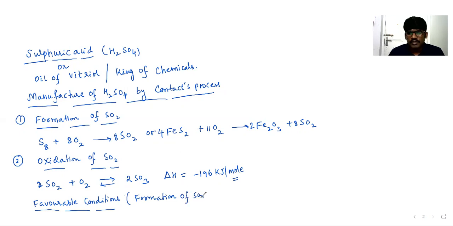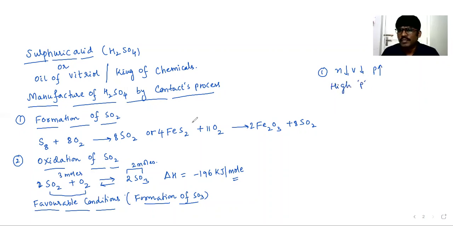On the left side, there are 3 moles of reactants. On the right side, there are 2 moles. So the number of moles is decreasing, volume decreases, pressure increases.